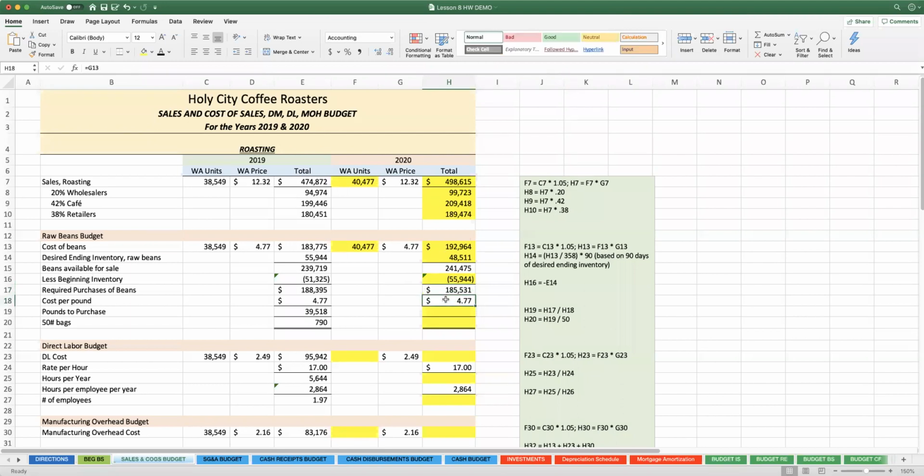And remember, our cost of beans was $4.77, so we just divide to get the number of pounds that we need to purchase, and the number of bags too. You divide that by a 50-pound bag of raw beans. So we need about 778 new bags. Notice that the number of bags we have to buy is coming down. That makes sense because we're now starting to reduce the number of days of inventory that we have on hand.